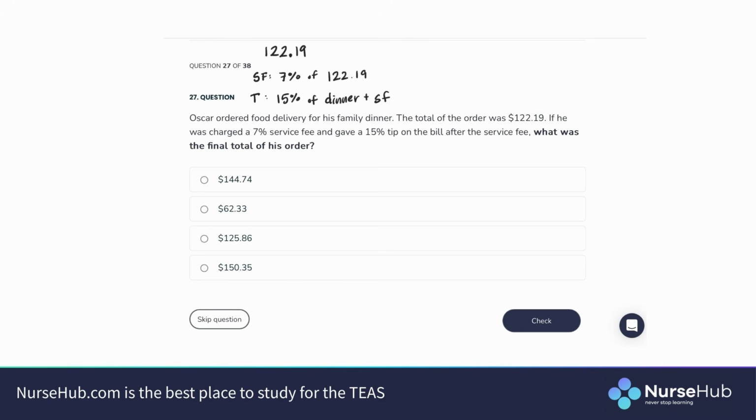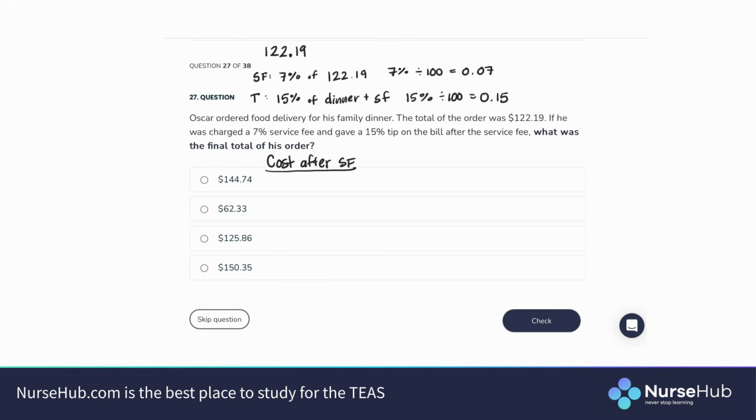When we have a percent, the best thing to do is turn both of our percentages into decimals. So 7%, if we just divided that by 100, gives us 0.07. 15% as a decimal divided by 100 equals 0.15. So what are we going to figure out right now? We're going to do cost after the service fee.